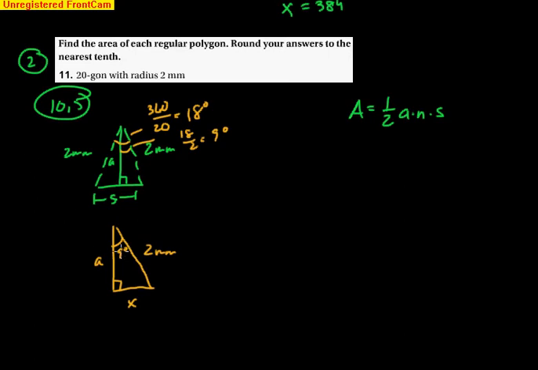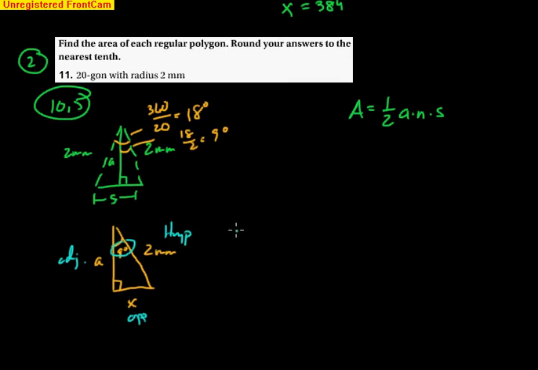With a 9-degree angle, I'm going to use trig to find these lengths A and X. From this 9-degree angle, this is the hypotenuse, X is the opposite side, and A is the adjacent side. To find A first, we're going to use adjacent and hypotenuse, and ignore the opposite.